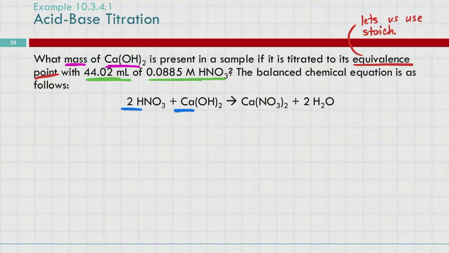That's going to be our 44.02 milliliters and our 0.0885 molar HNO3. So it'll be helpful to convert our milliliters into liters, so we divide by 1,000. And then it may also be helpful to remember that molarity is moles over liters, so we can switch those units out for free.